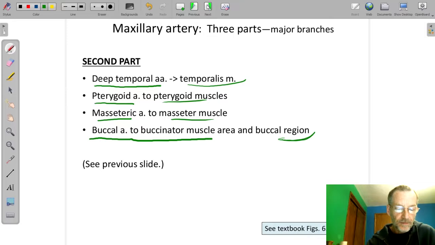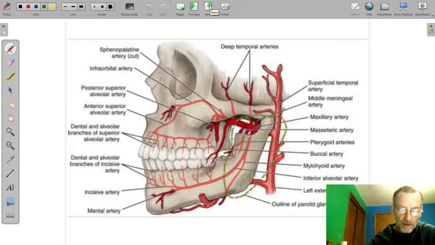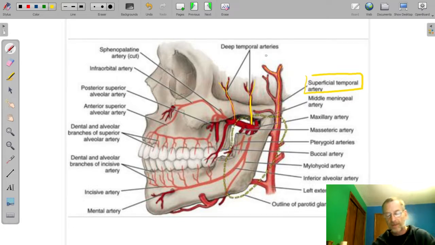So, on this figure, this is out of your text, of course, here are the deep temporal arteries going up and supplying the temporalis muscle, not to be confused with the superficial temporal artery, which is going up and supplying the soft tissues of the scalp and the skin.